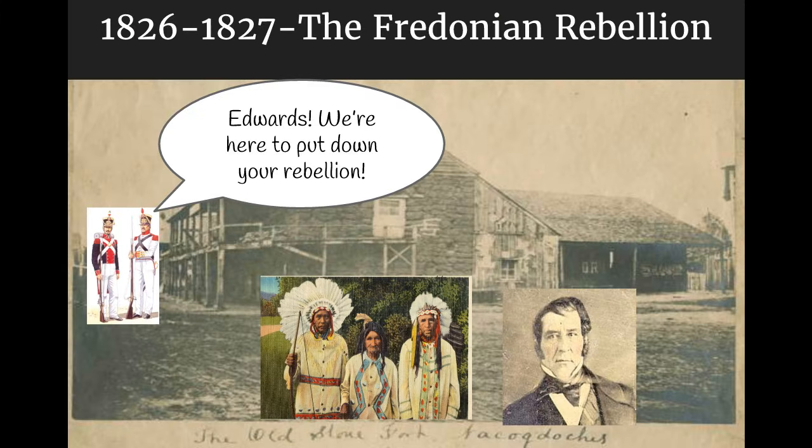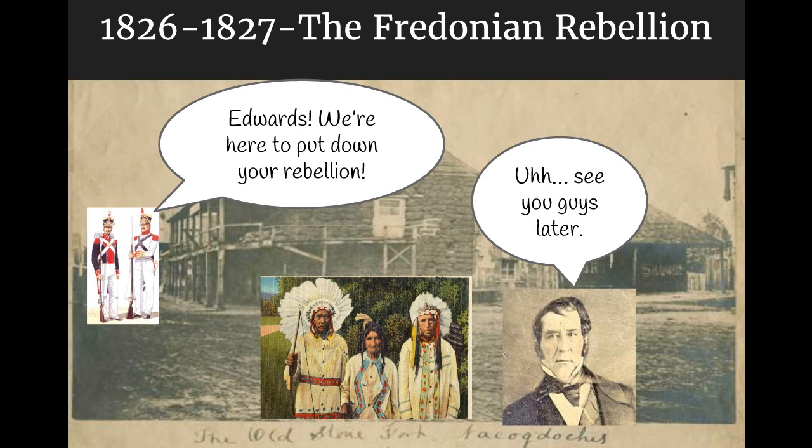The Mexican dragoons show up at the old stone fort in Nacogdoches, where Hayden Edwards and some of the native people under Chief Richard Fields are trying to have this rebellion. And Hayden Edwards hears about this, and he makes a decision. He's going to leave.